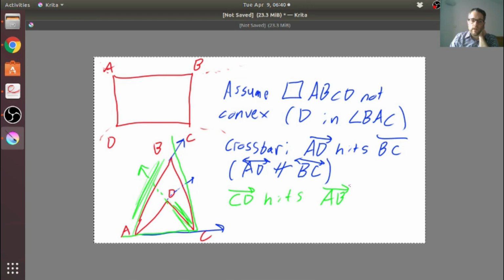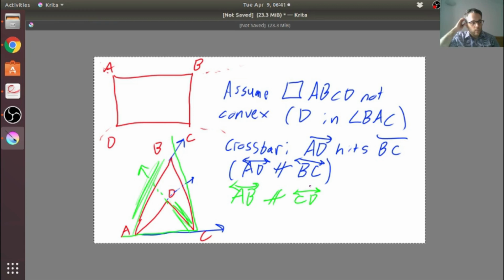So I hope that makes some sense. Sorry, what am I saying? They can't be parallel lines. So in other words, AB is not parallel to CD, and these two things together tell me it's not a trapezoid.